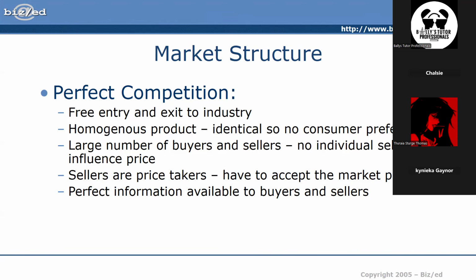There's a large number of buyers and sellers, and no one seller has influence on the price. The sellers are essentially price takers. Whatever people are willing to pay for the product is what they're selling it for. And everybody has the same amount of information on the products. So everything is fair across the board.